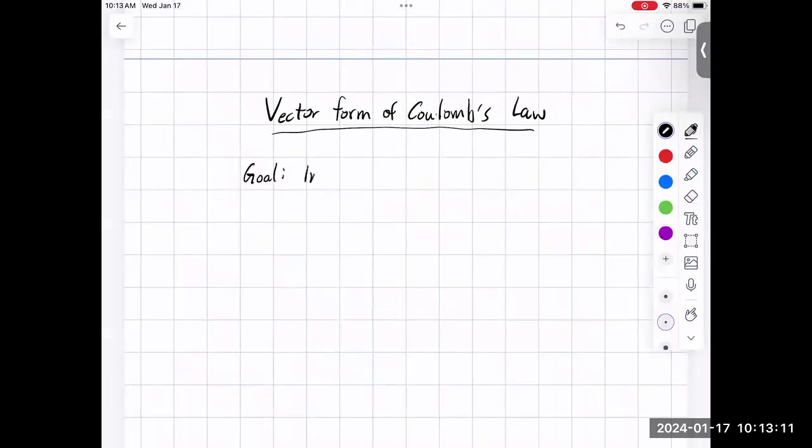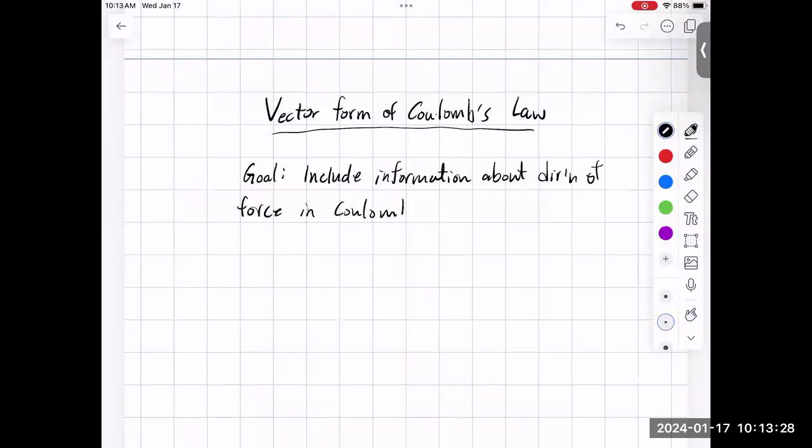So the goal is to include information about the direction of the force in Coulomb's law.